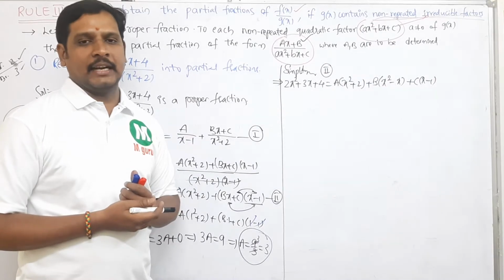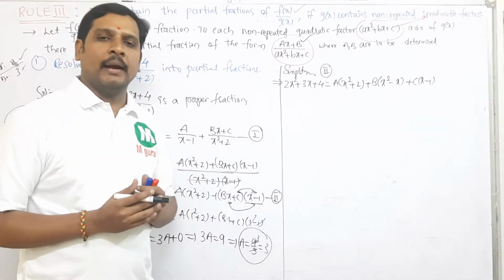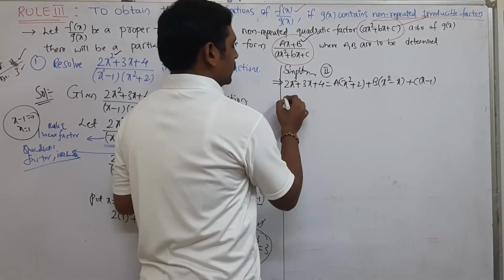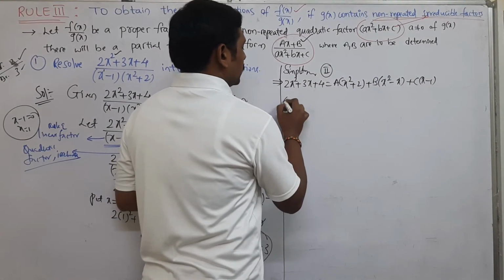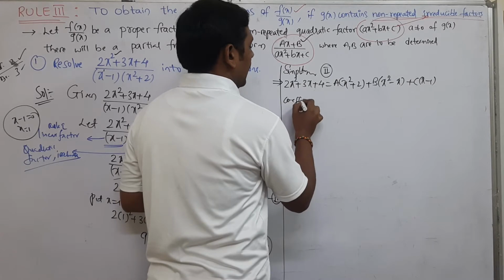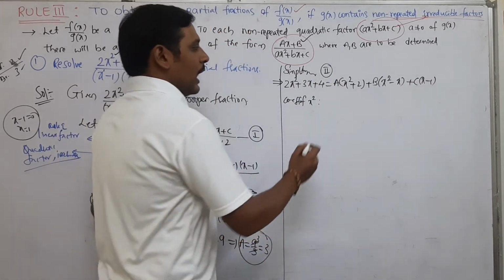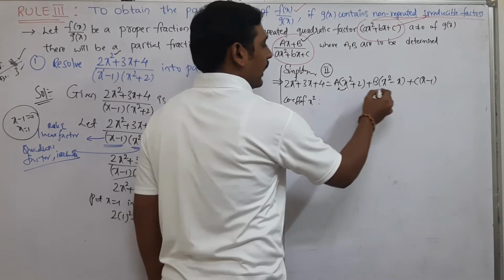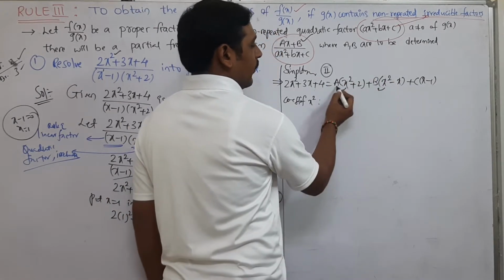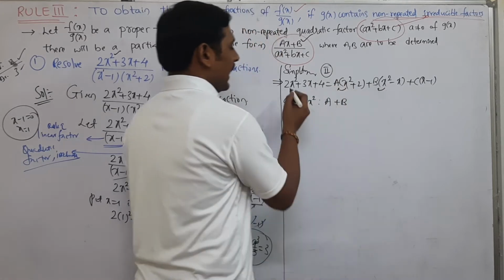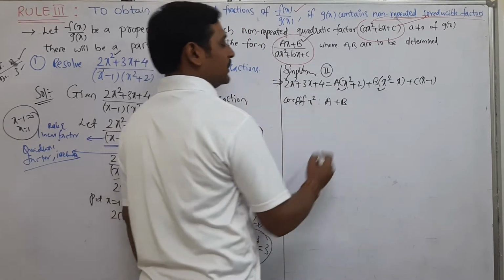After expanding the second equation, let us compare the terms on both sides. So let us take the like terms. Compare the coefficient of x square. How many x square terms are there? 1 and 2. 1 into a is a, 1 into b is b, and the left side x square coefficient is 2.